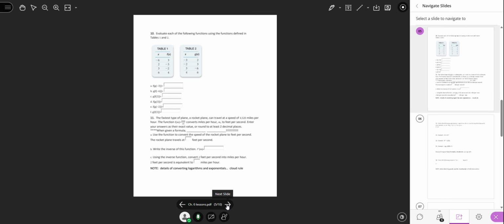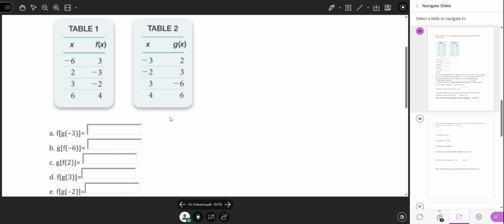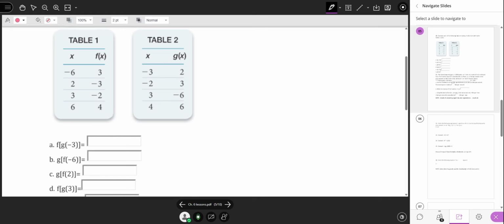Page next. I love this problem. Notice -6, 3. Okay, hang on just a second. -6, 3, 3, -6. 2, -3, -3, 2.